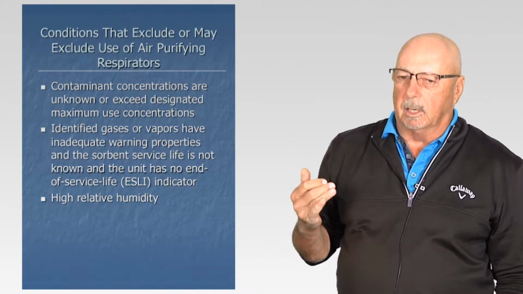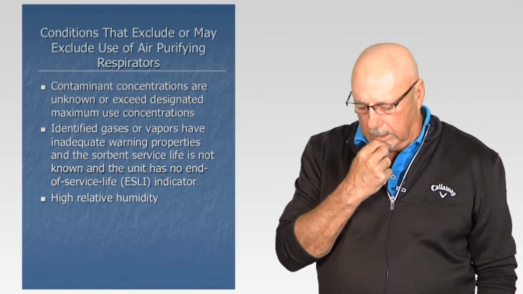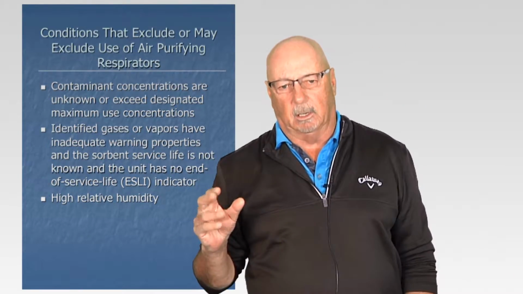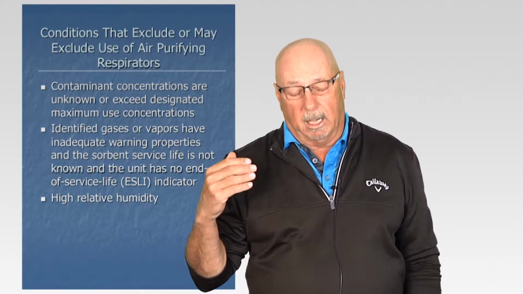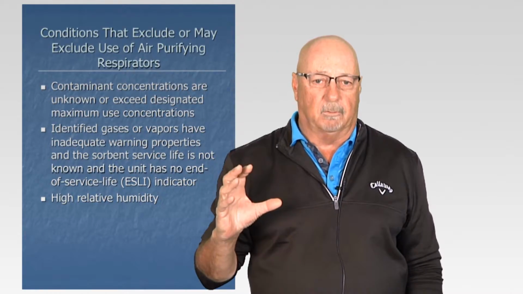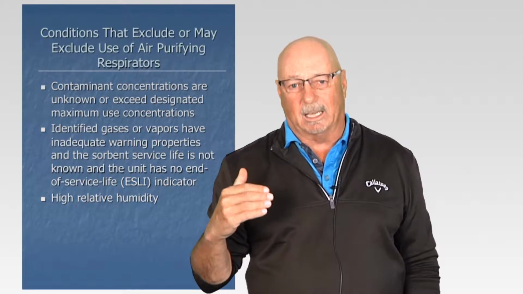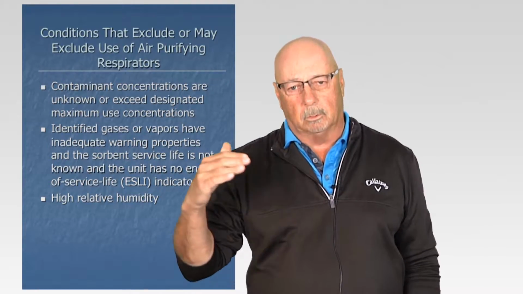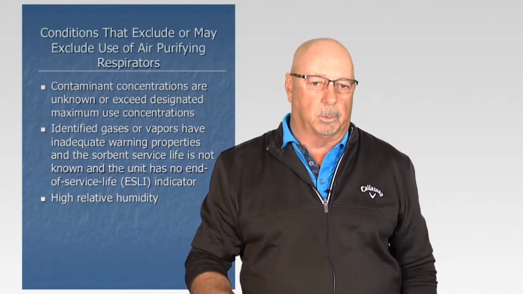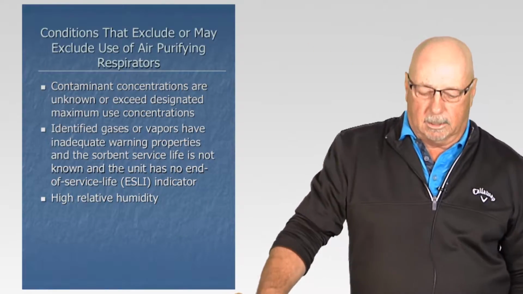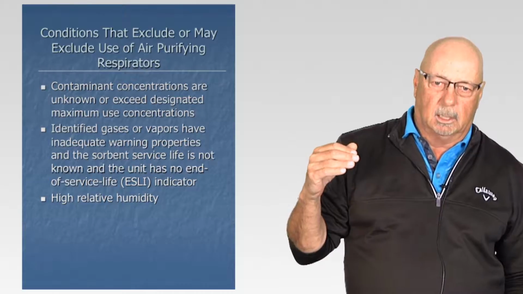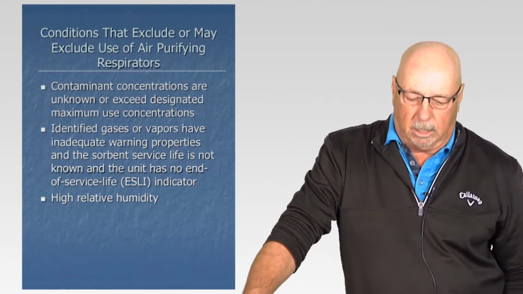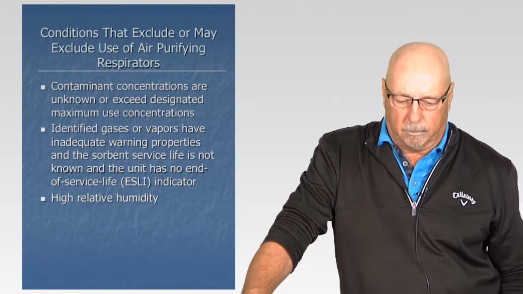So let's say it's a chemical substance that has a TLV of 10 parts per million. Essentially, if I've got a protection factor of 10, what it means is I can wear that respirator up to a level of 100 parts per million of that contaminant. And so that's where the protection factor is. It's a level of protection above the PEL that we can wear that respirator.